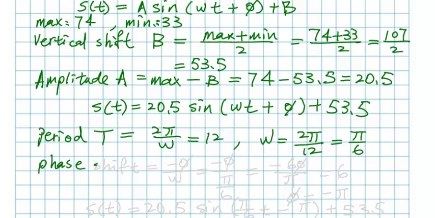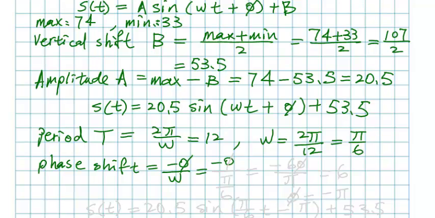The phase shift, according to what we learned before, is the same as setting the argument of the sine function equal to 0 and then solving for t, which is negative phi over omega. We found omega already, so we can substitute it in.